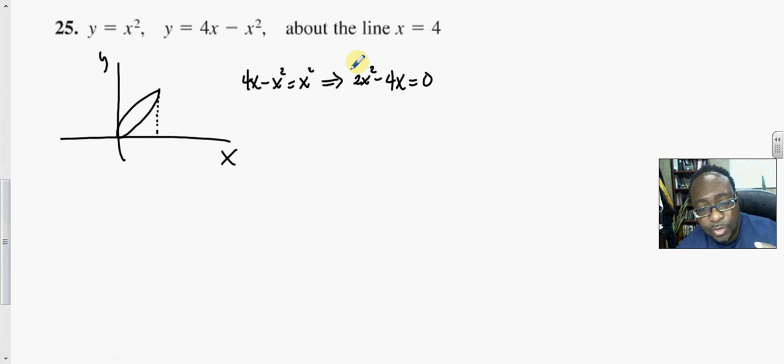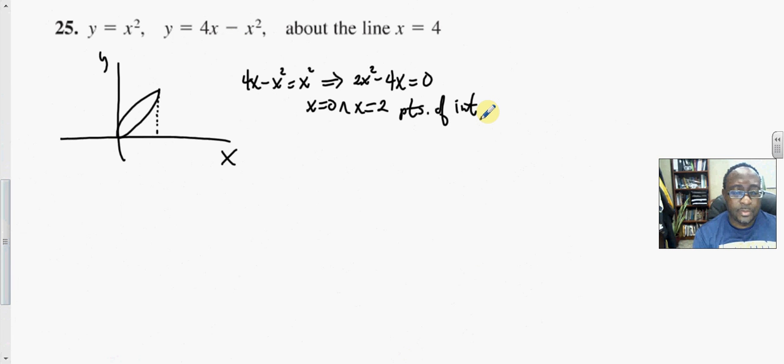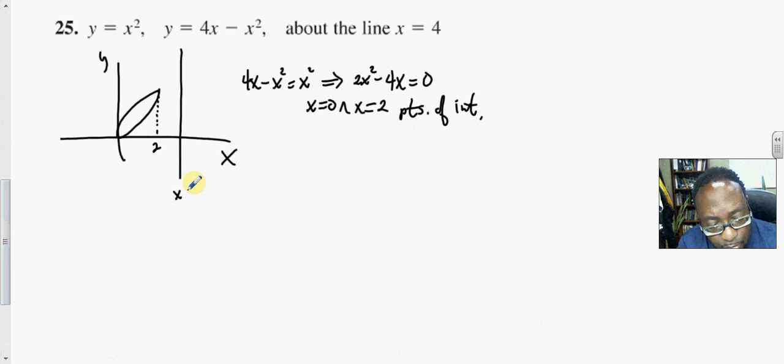So we get x equals 0, x equals 2. Points of intersection. I did that to make sure that this point is there, and this line x equal to 4 is way over there.